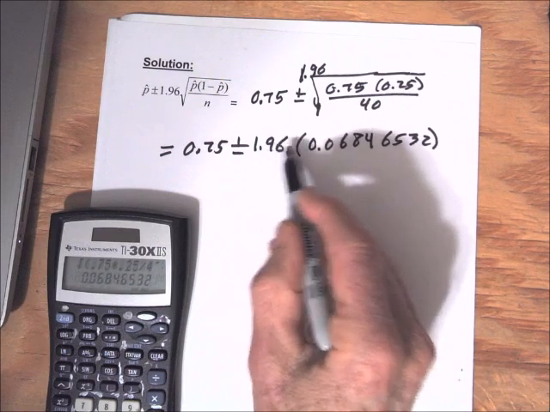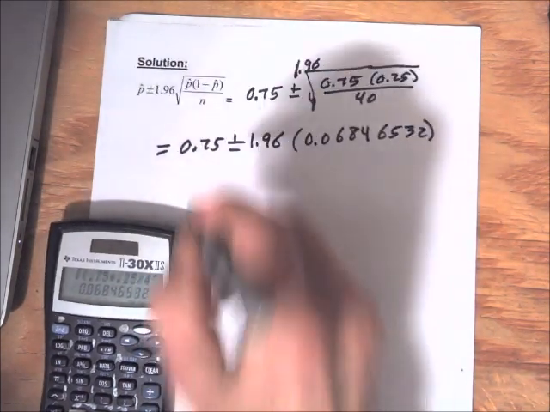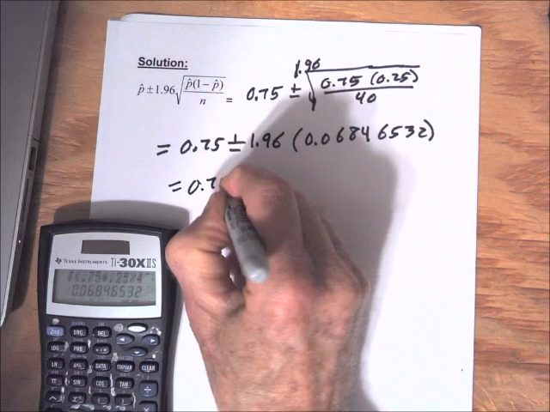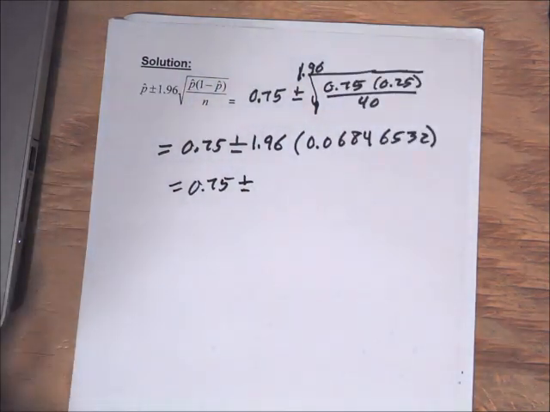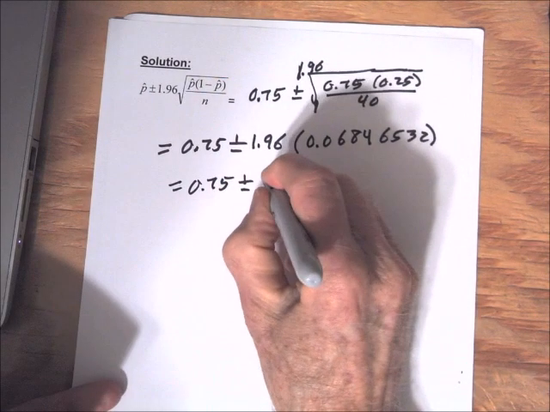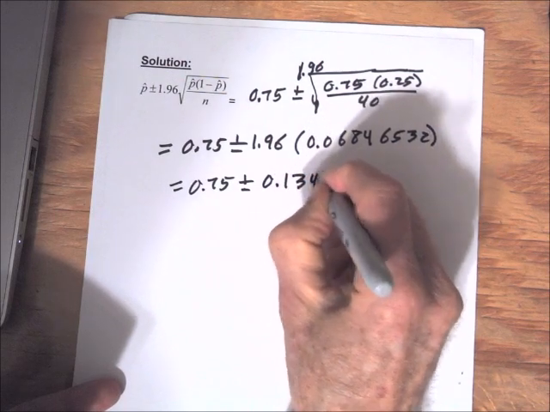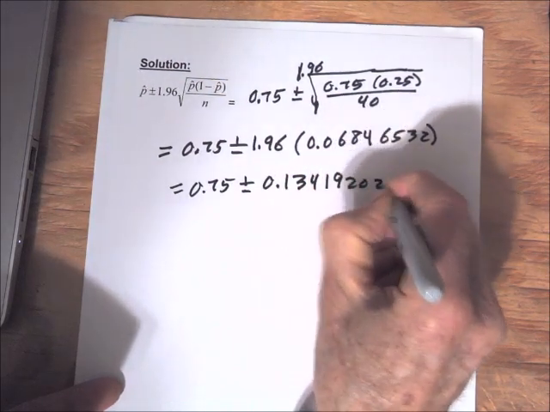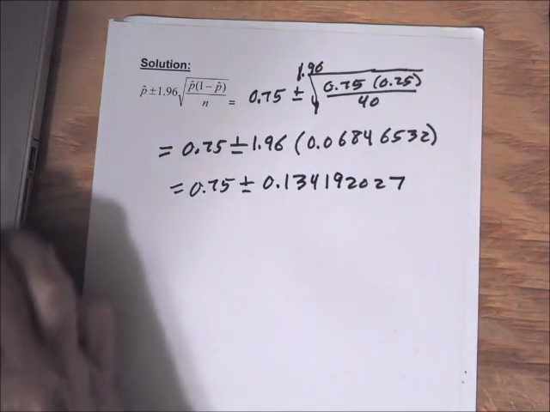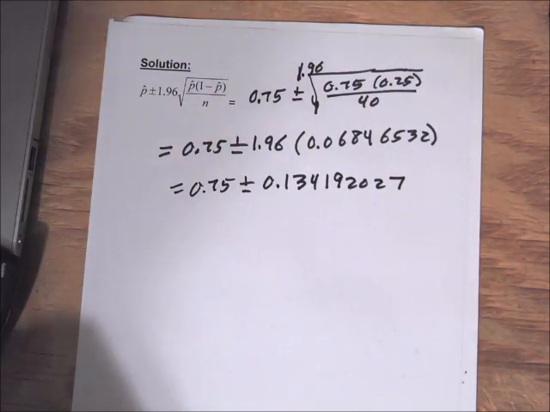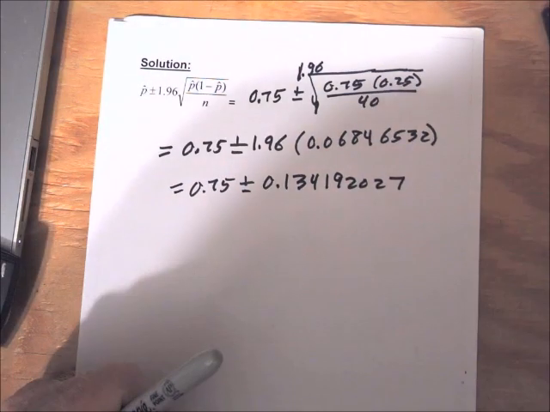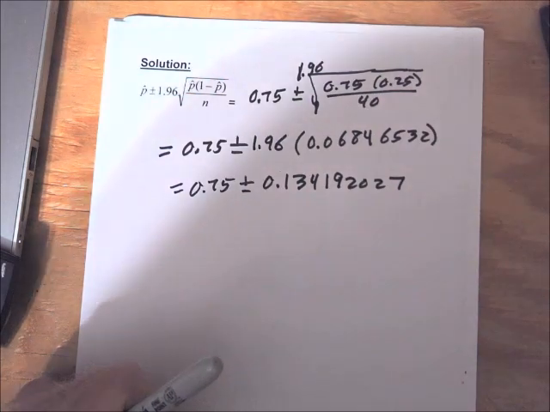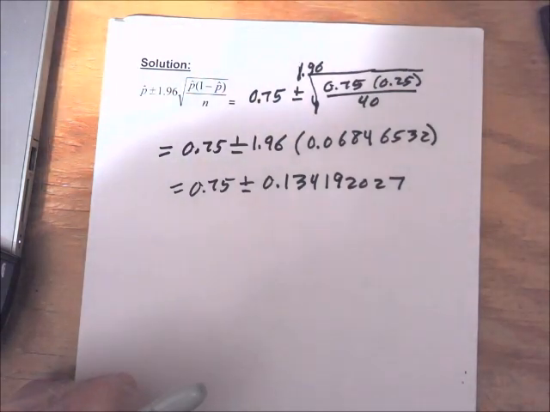Then we want to multiply this by 1.96, so 0.75 plus or minus 1.96 times that number, which gives 0.13419227.